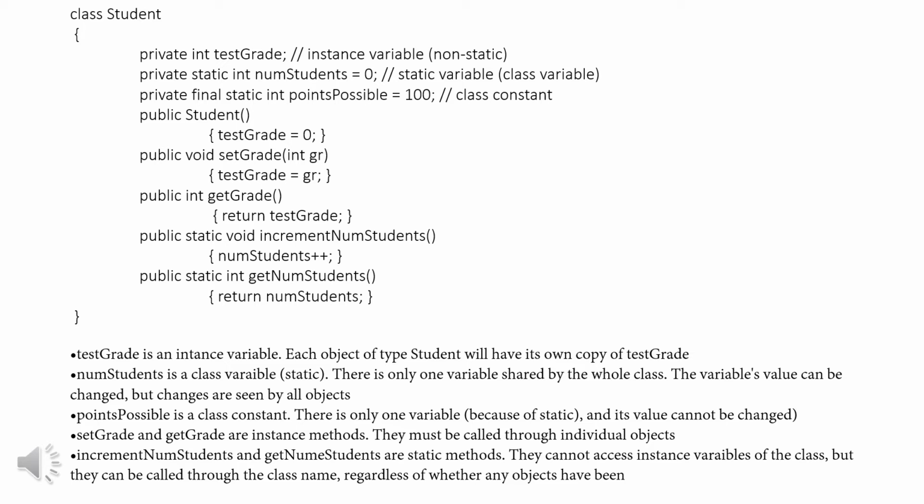Then I have pointsPossible. So this variable is going to be constant because I have used here the word final, and so the value that has been assigned to this variable cannot be changed by methods or by objects, and it's static.